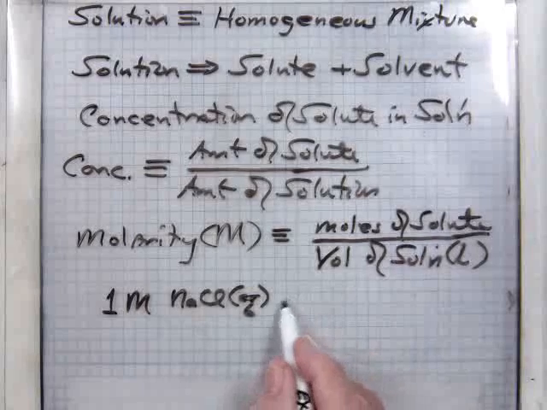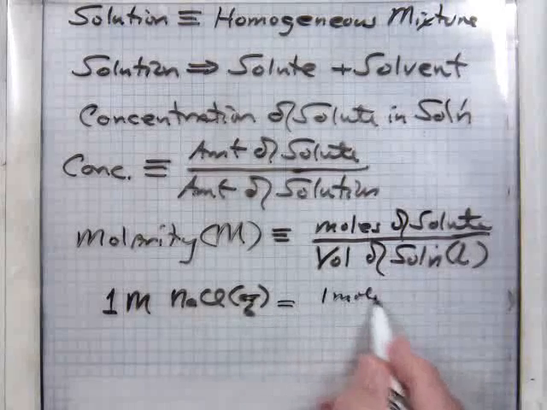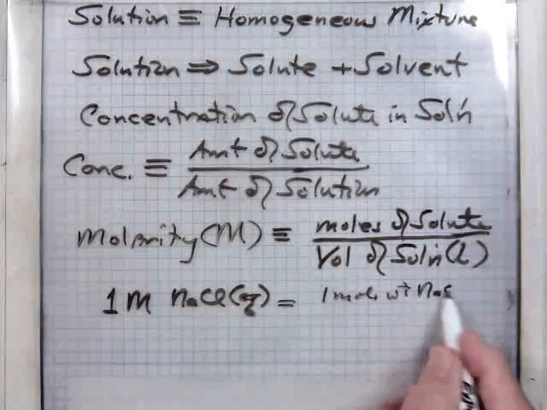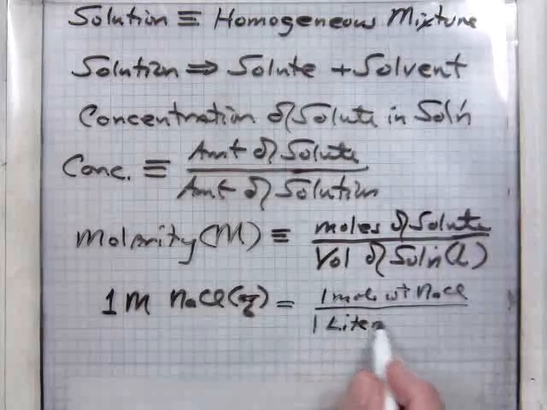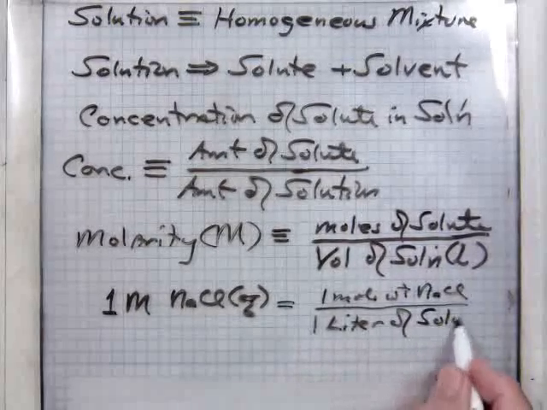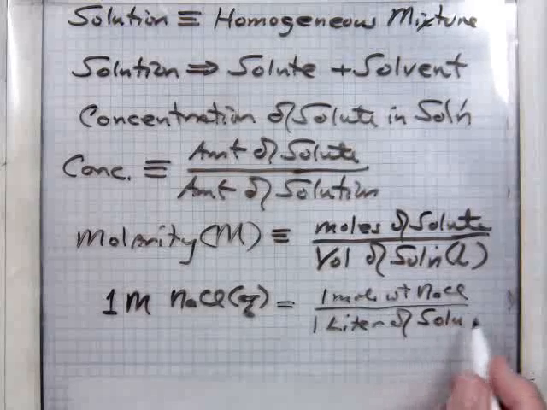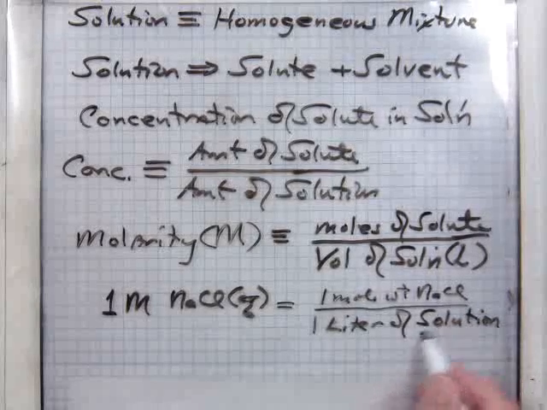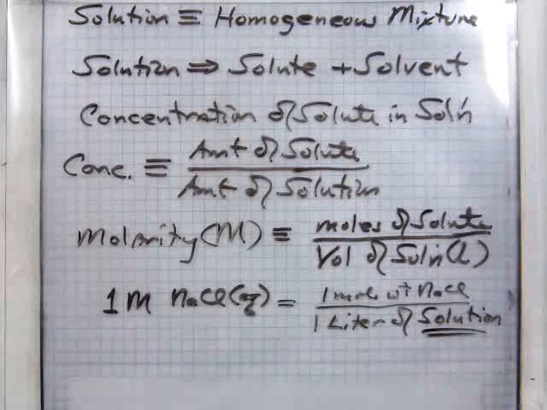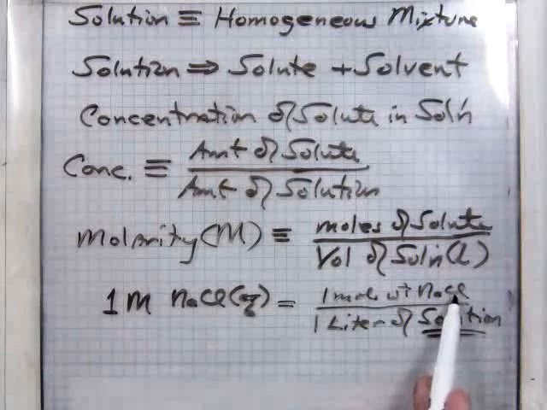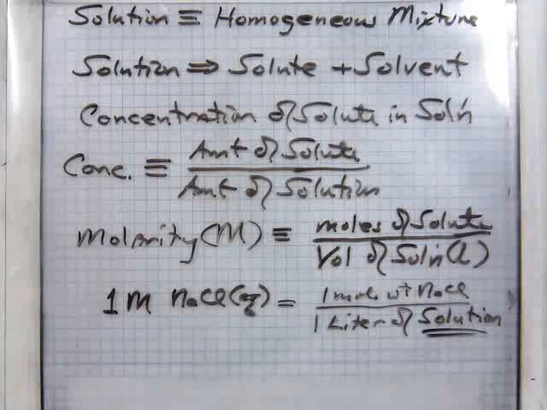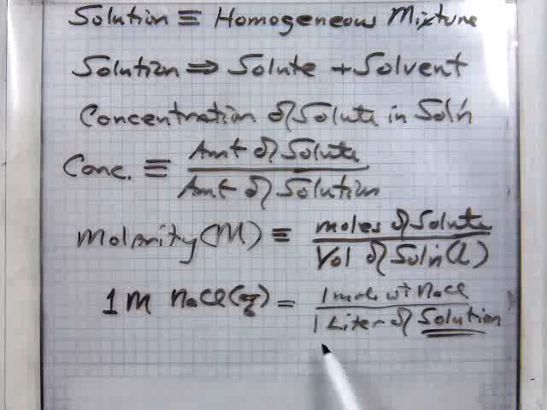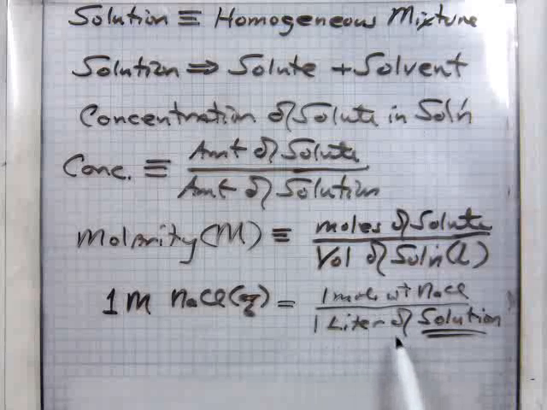This would be 1 mole weight sodium chloride dissolved in 1 liter of solution, not solvent, solution. Because if you just took the moles of NaCl and poured on top 1 liter of solvent, it'd be too dilute relative to what you're trying to make or whatever you're trying to define. But this is the average definition.